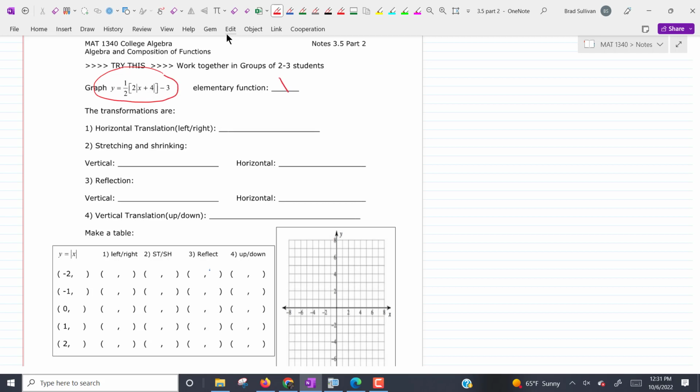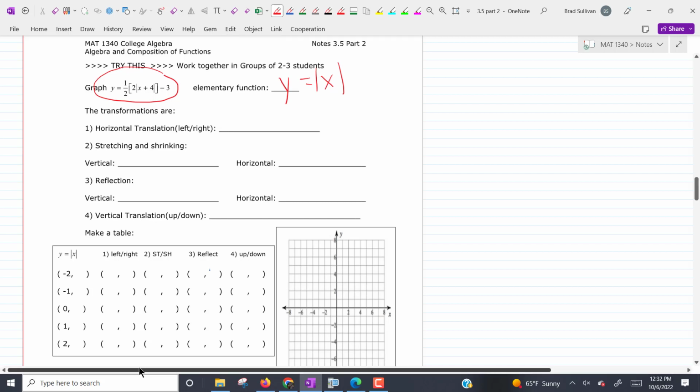Your elementary function is just y equals absolute value of x. I'll walk around. I want to see if you can identify the transformations, and then I want you to work a little bit on your table. Let's see how we do. I'll give you about 10 minutes to do this because there's a lot going on in the problem.